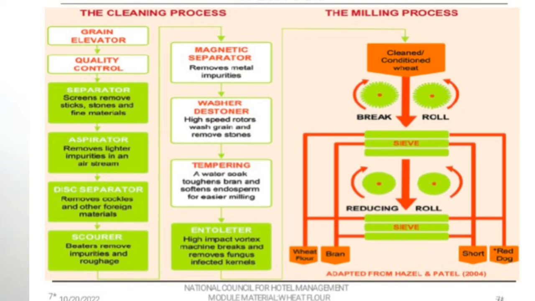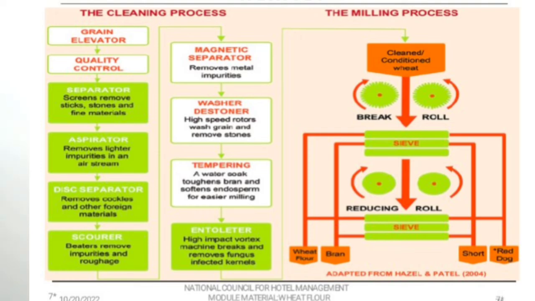So fast blowing air will remove dusty particles, that is the lighter impurities. Then it is subjected to a disc separator where a series of discs will catch and remove cockle and other foreign grain materials, like barley or cockle and unsound wheat.